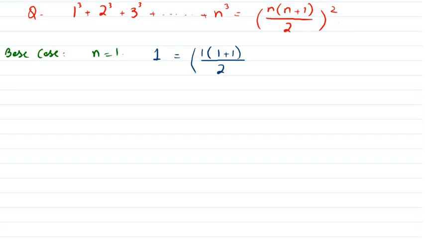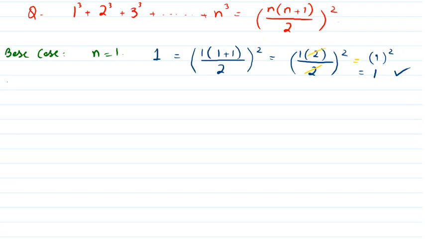And we have to take the whole square of it. This turns out to be 1 times 2 divided by 2 whole square. These terms are going to cancel each other, and what I'm left with here is basically 1 square. That is in fact 1. So the condition holds for the base case.